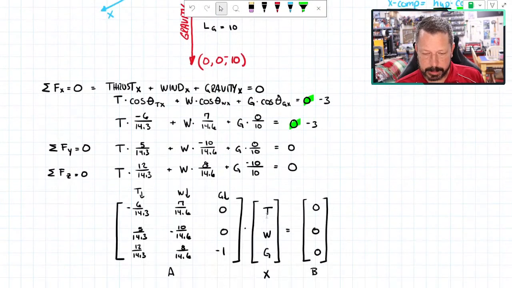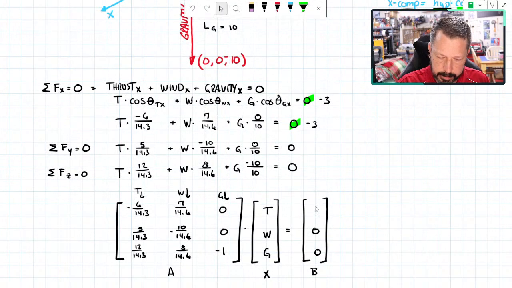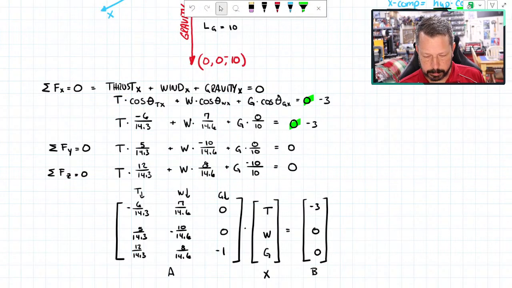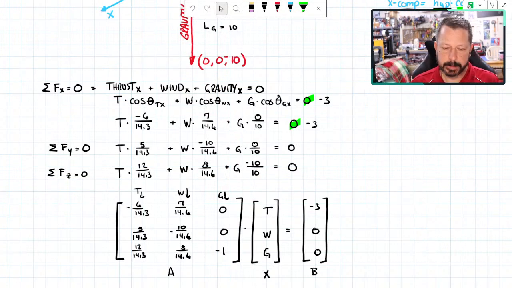And that gives us a -3 in here. So now we get actual numbers out. It would have made more sense to make the drag force unknown and give a known gravitational force, but we did it this way for some reason.